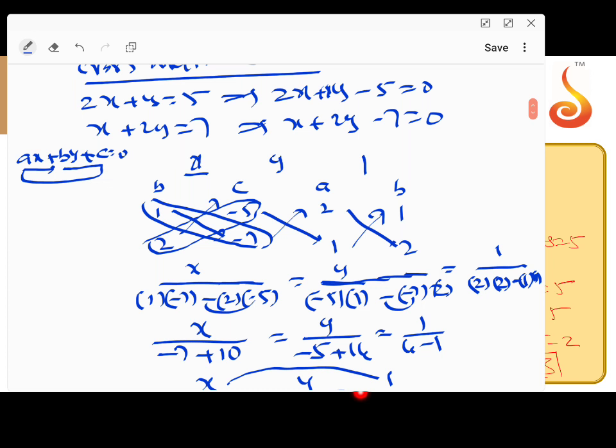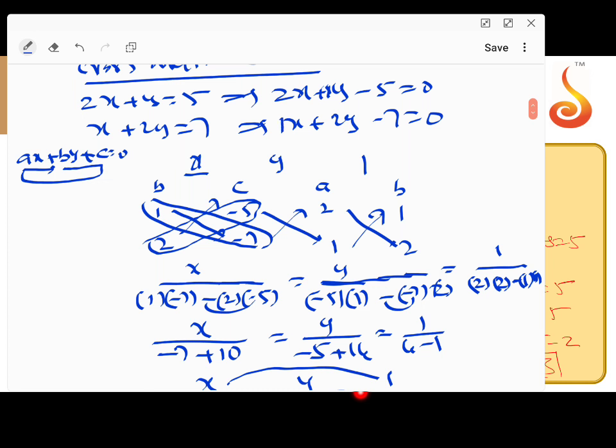This order you can follow. So between b and c we need x, between c and a we need y, between a and b we need 1. So now what are the values from the equation? Y coefficients: 1 here, 2. Nothing means 1. 1 comma 2. C constant terms, a x coefficients, and b again constant terms.